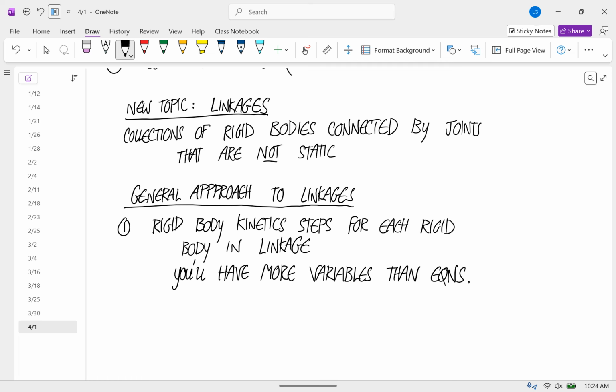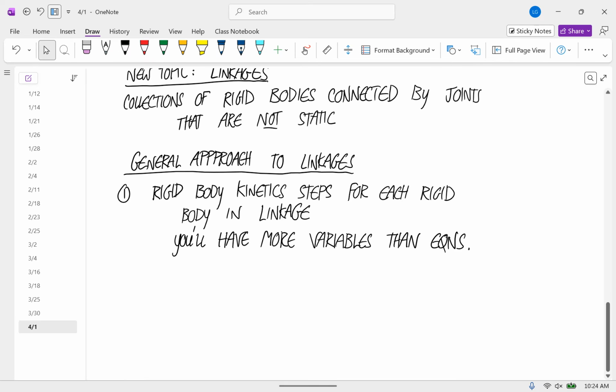And so that just means you need more equations without introducing more variables. And eventually you need the number of equations to catch up with the number of variables you have. And so the second step is the geometric constraint equations.